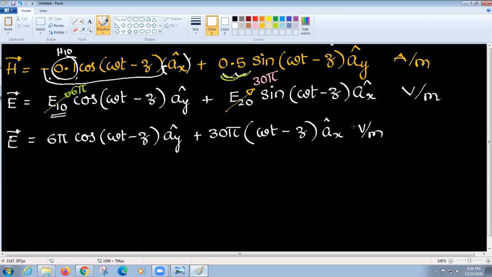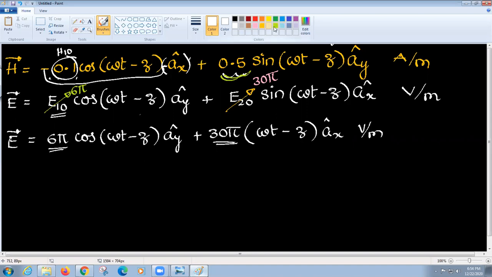And further, you can make things this way. Okay, this is 6 pi. That means you can multiply 6 into 3.1415, and so on, and you can do the same for the 30 pi.